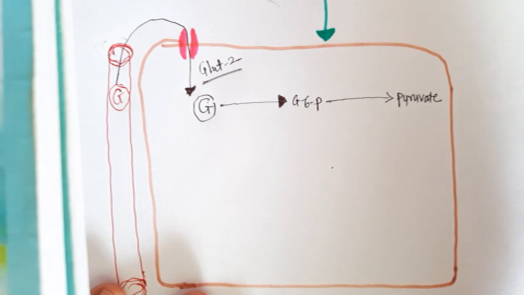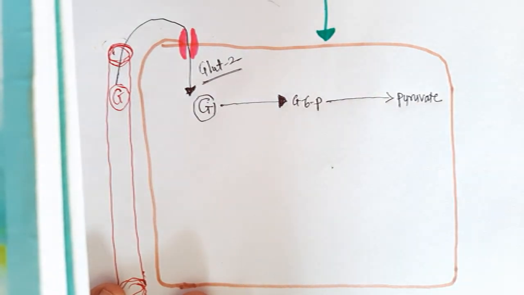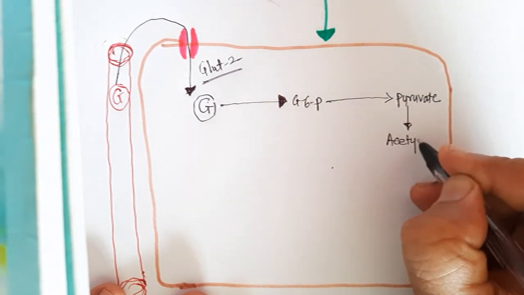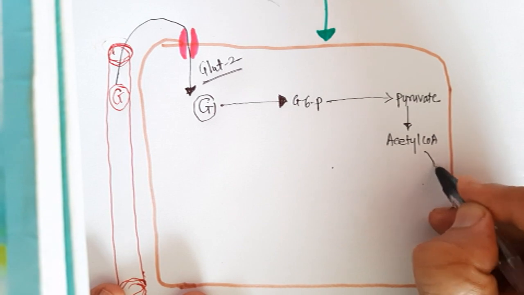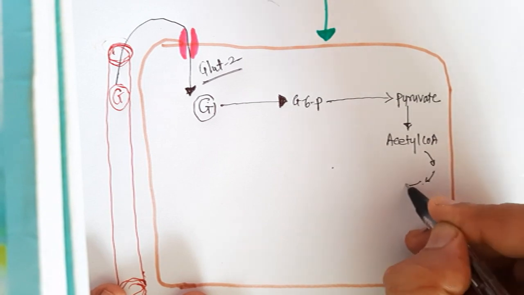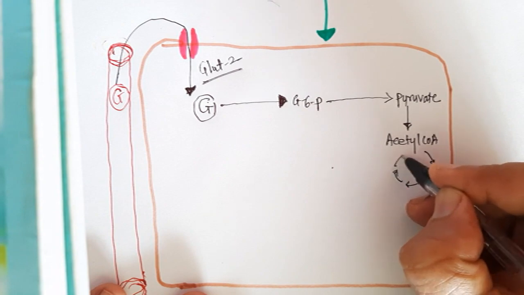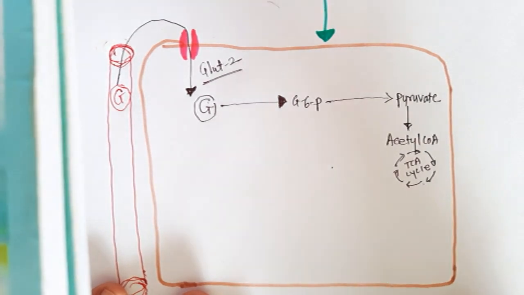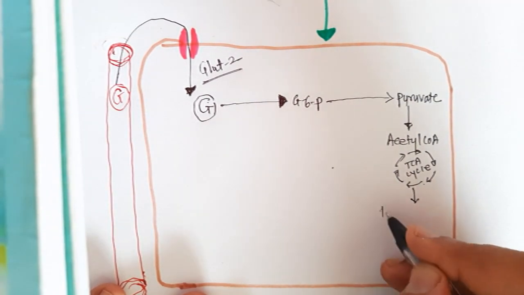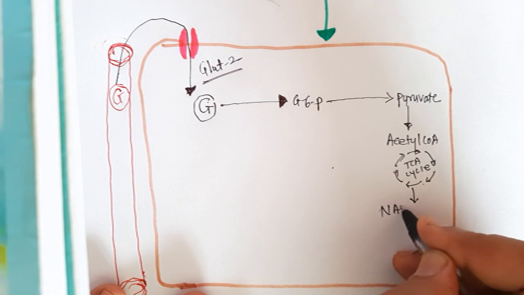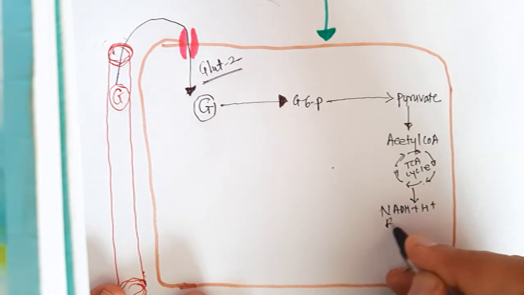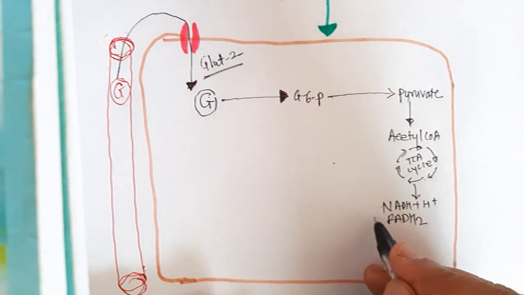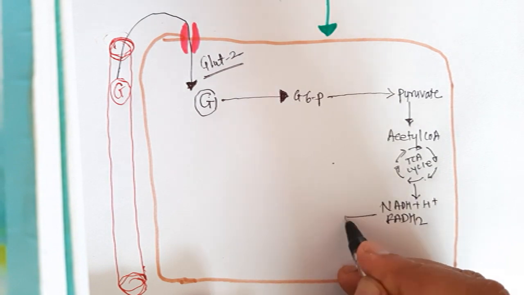This we have studied as the glycolysis of glucose, the glycolytic pathway, and this pyruvate is converted to acetyl coenzyme A. Acetyl coenzyme A enters into the Krebs cycle or TCA cycle, and this results in formation of NADH plus H plus and FADH2.